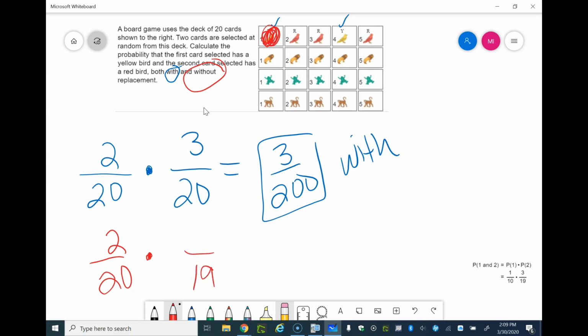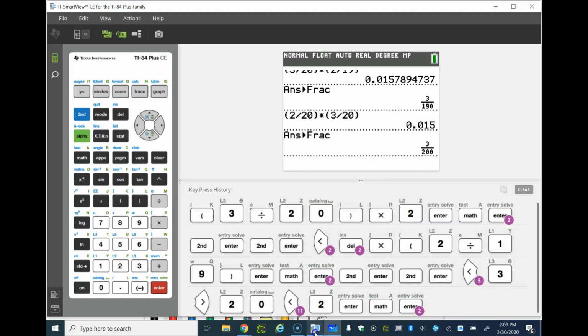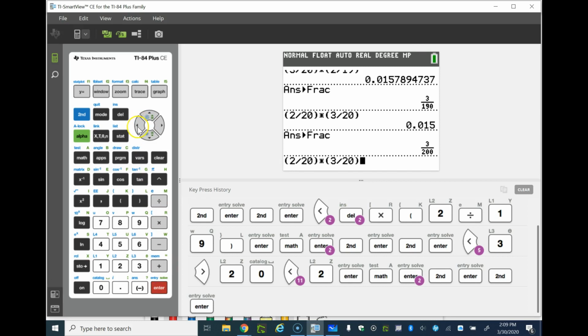But what am I looking for now? I'm looking for red birds now. So 1, 2, 3. So there should be 3 red birds. So we have a 3 out of 19 chance to try to pull a red bird out. So we multiply both of those together. Change this to a 19.